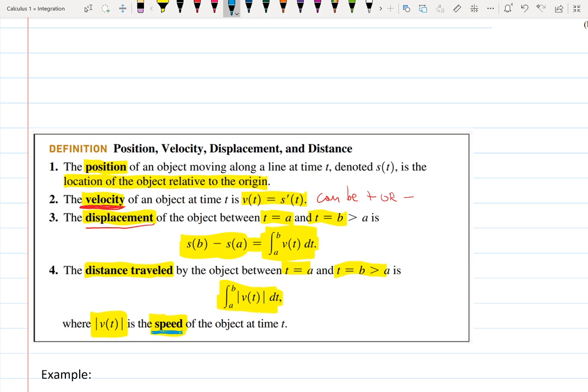Speed is 55 miles per hour. We don't assume there's a speed of minus 55 miles per hour. So only positive or zero, right? That's why distance traveled is only positive or zero. That's kind of the idea. These two are connected and these two are connected.